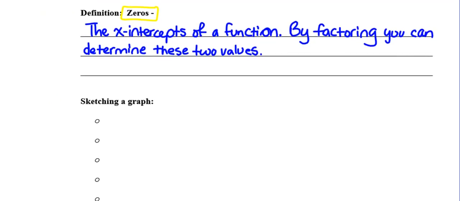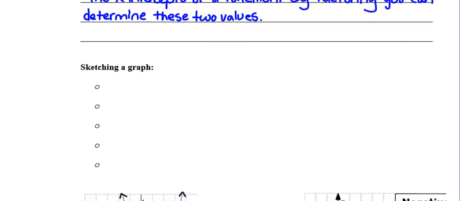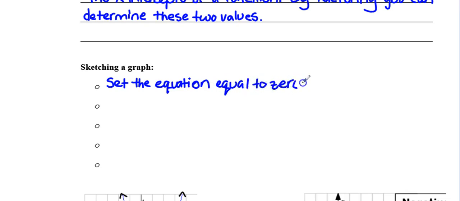So let's learn how this is going to connect to sketching a graph. First, we will set the equation equal to 0. If you want to abbreviate that, you can just say equal to 0.